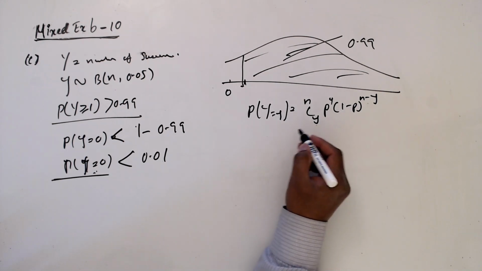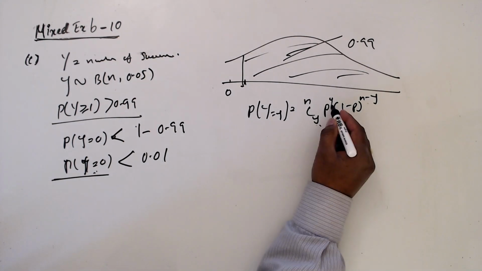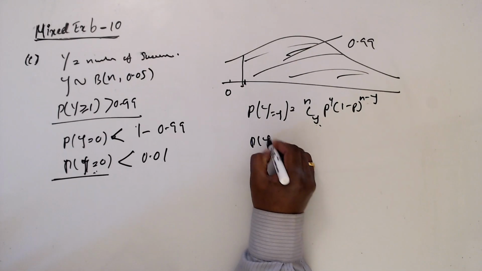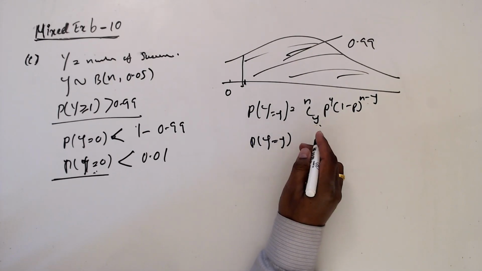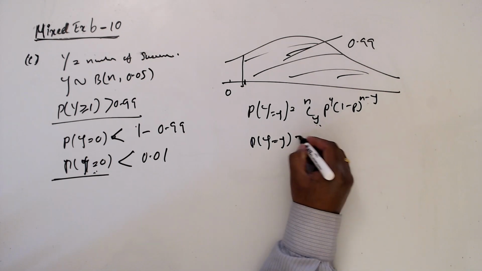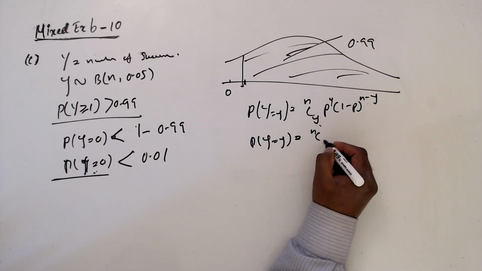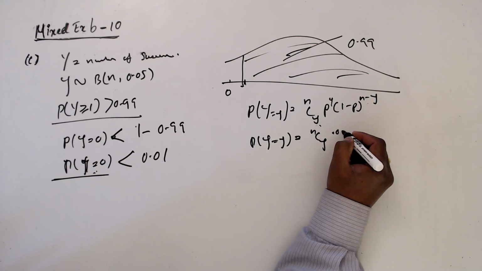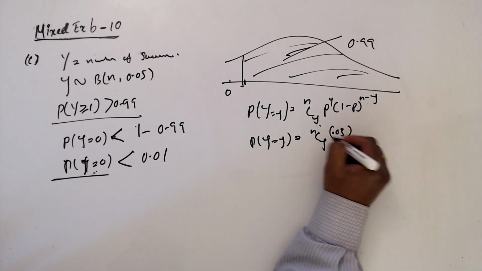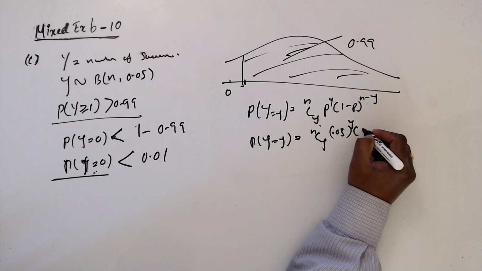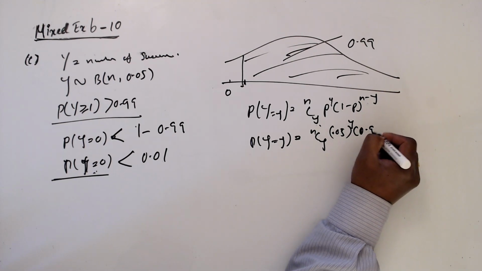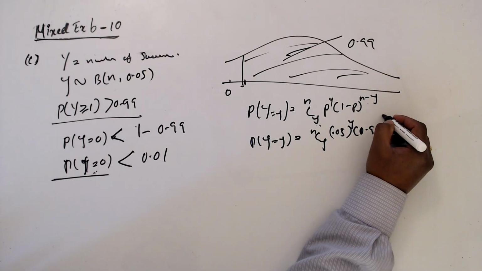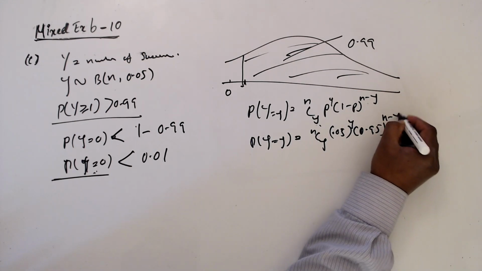Now n is n, p is 0.05 and 1 minus p is 0.95, so n minus y.